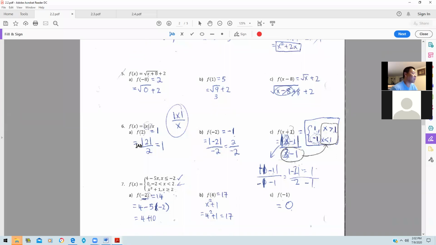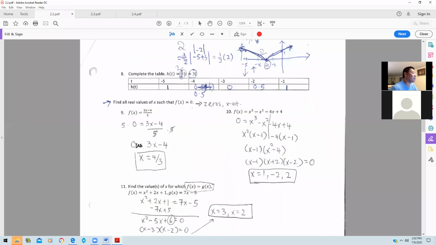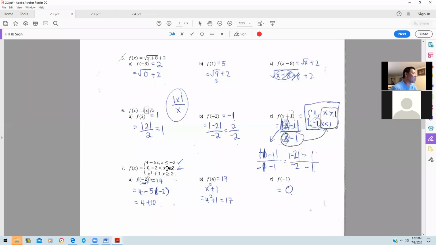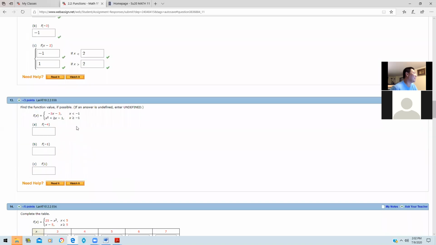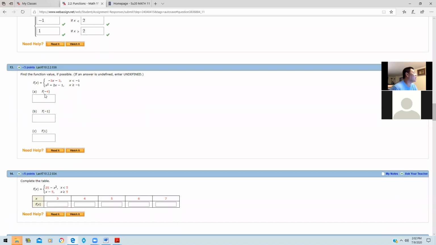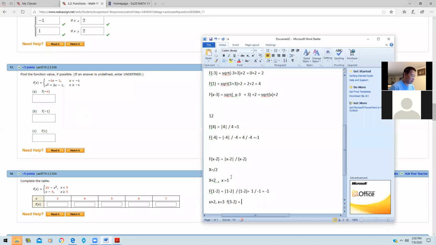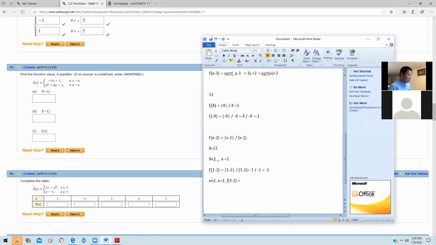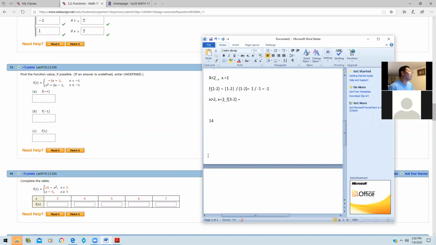Okay. Question 7 is where you will have what we call a piecewise function. So this question looks something like number 13. If you want to find f of negative 4, then you have to figure out, sorry, question 13.